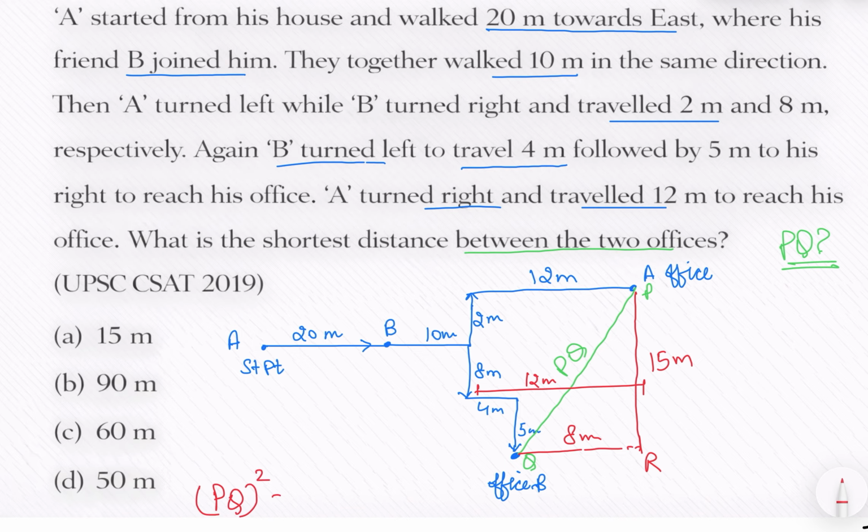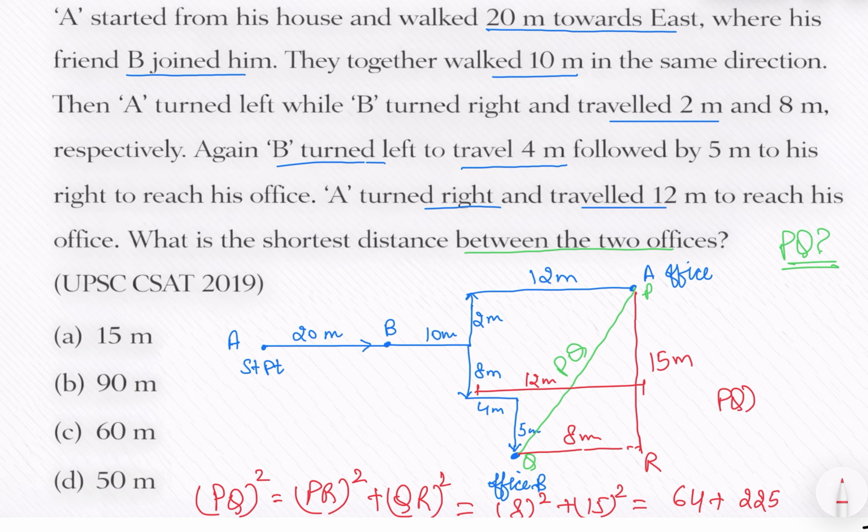PQ whole square is equal to PR square plus QR square, which is equal to 8 square plus 15 square, which is equal to 64 plus 225.